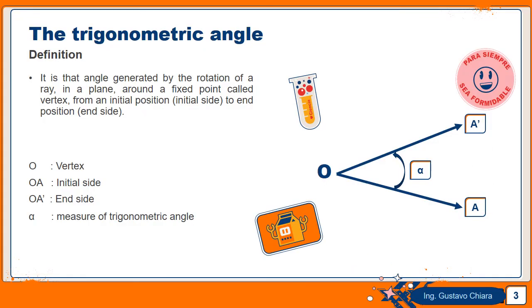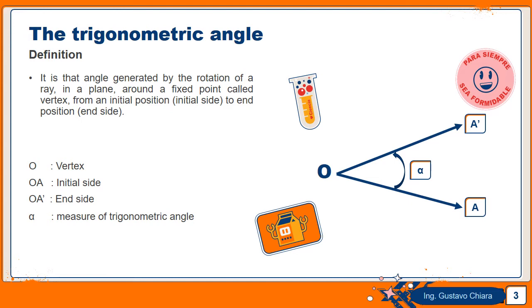The trigonometric angle definition. It's the angle generated by the rotation of a ray around a fixed point called the vertex, from an initial position, the initial side in the picture.